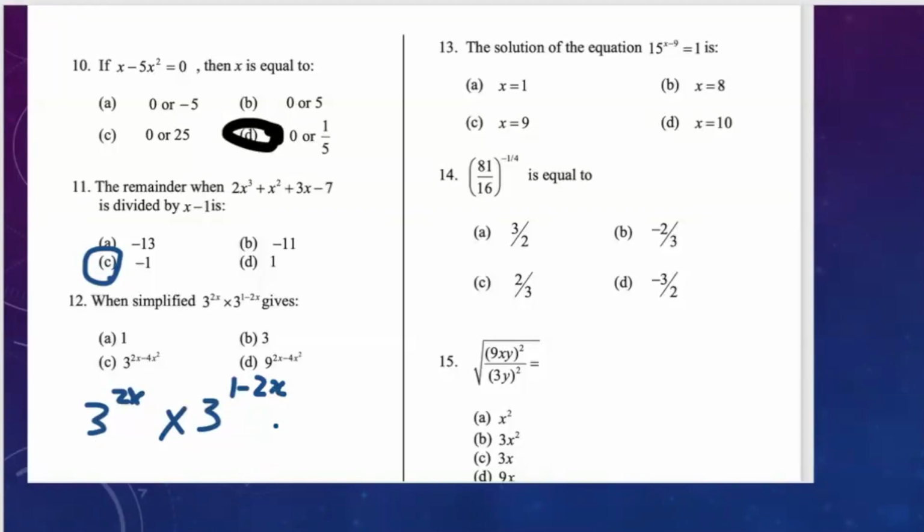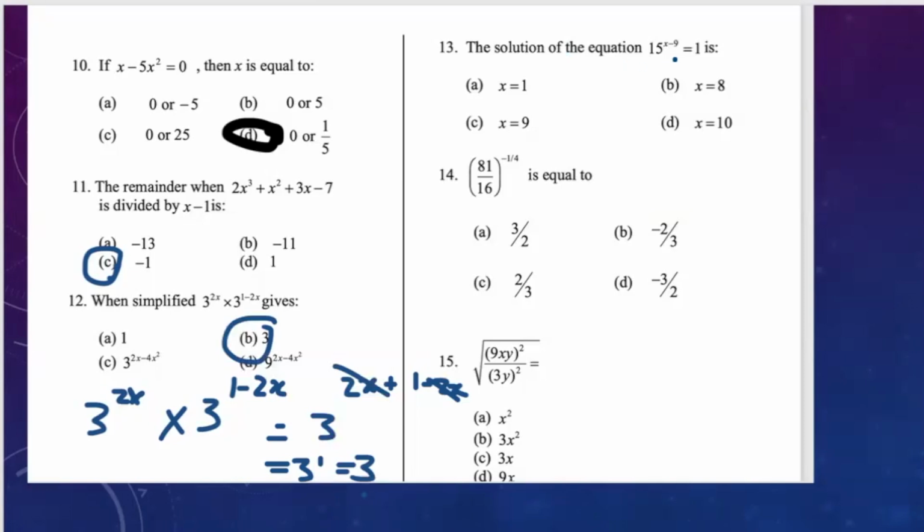We know the indices rule. We write the base once and we add the powers. So the first power is 2x and the next power is 1 minus 2x. But 2x minus 2x, that's gone. So I'm left with 3 to the 1. And we know 3 to the 1 is just 3. So the answer is B.